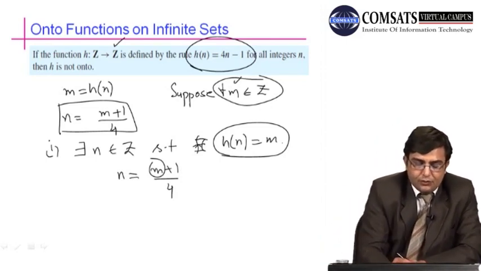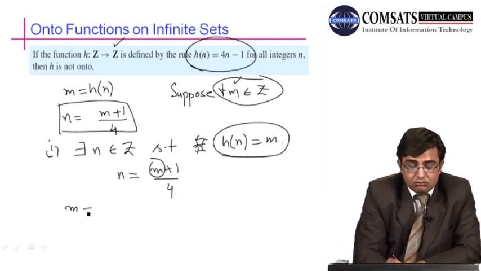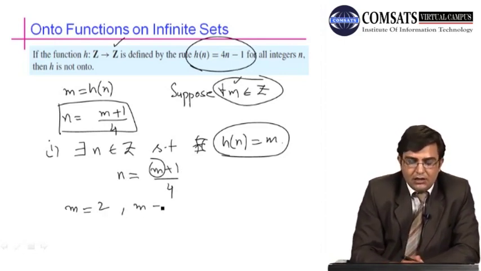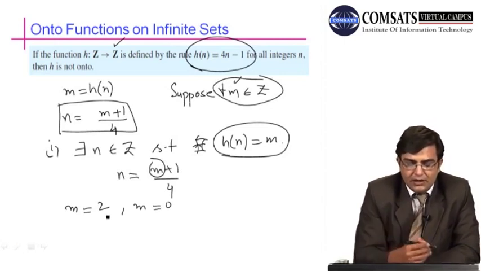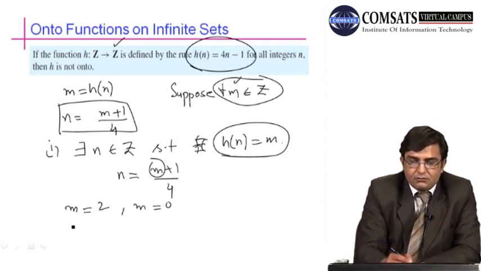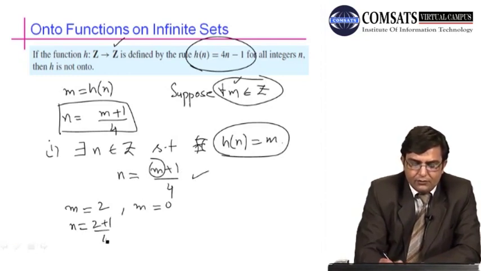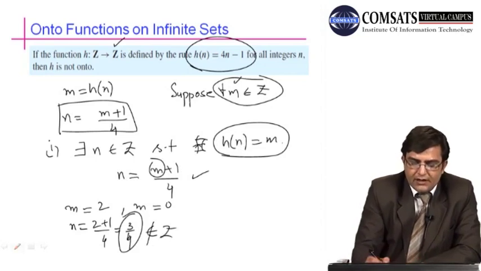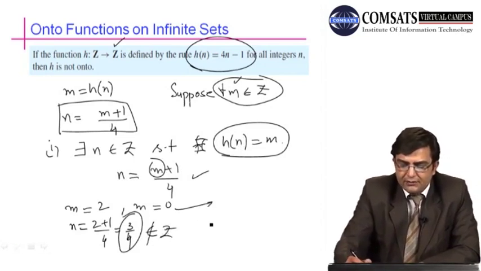For example, if we suppose that m is 2, n is equal to what? By using this expression, this is 2 plus 1 divided by 4, which is 3 by 4. Now whether this is an integer, this doesn't belong to z. Similarly, if we take m equal to 0, n becomes 1 by 4. Whether this belongs to z?